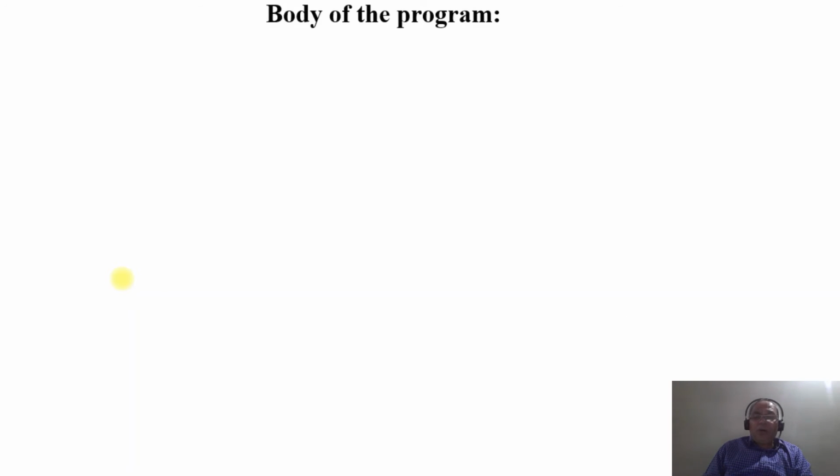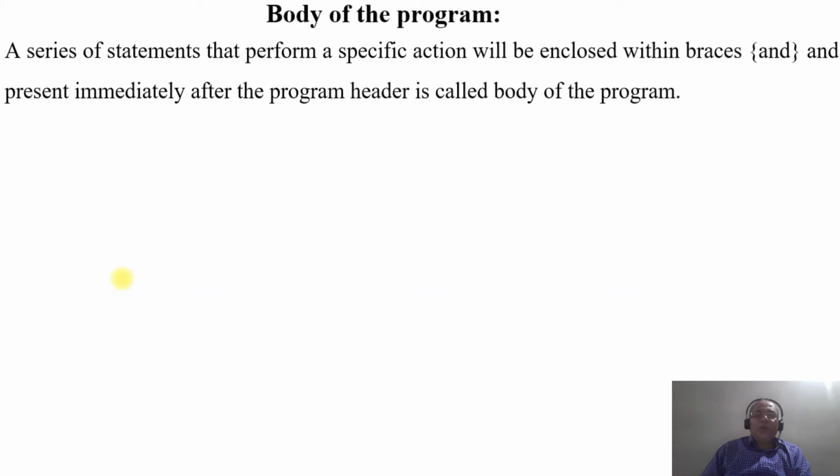So next is the body of the program. A series of statements that perform a specific action will be enclosed within the braces. That means you have the open braces and then the closing braces, and what is present immediately after the program header is called the body of the program. Of course, when we write the actual programs, we are going to have a better understanding about all these things.